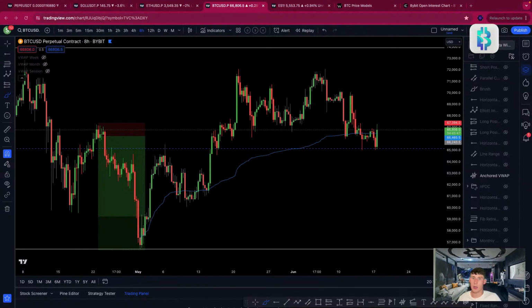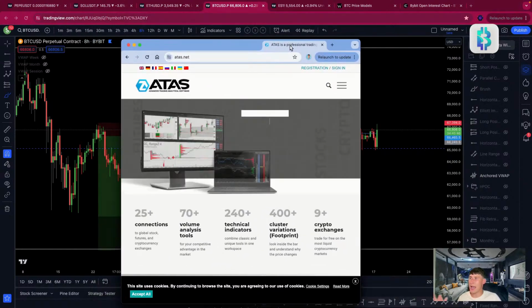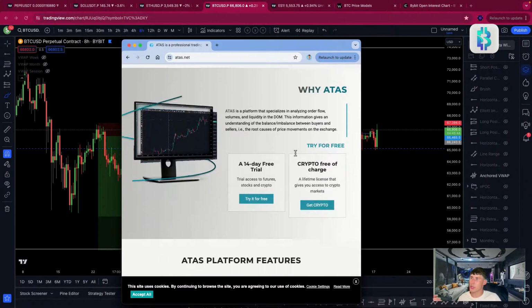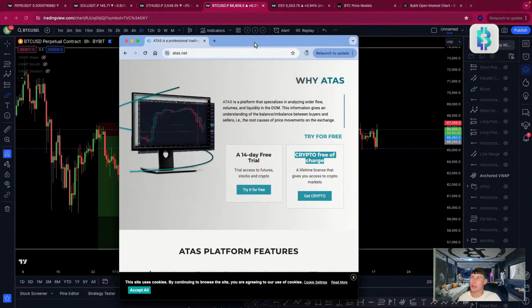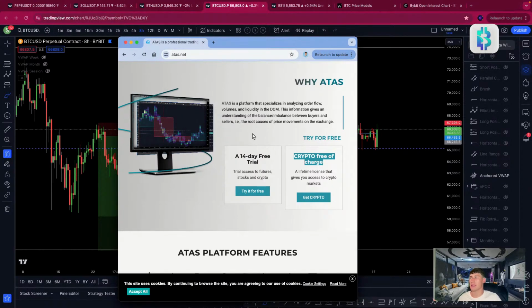So here, this is ATAS, right? This is crypto free of charge. You don't even have to pay for it. ATAS is actually just as good as ExoCharts. It is just as good and it's free of charge.